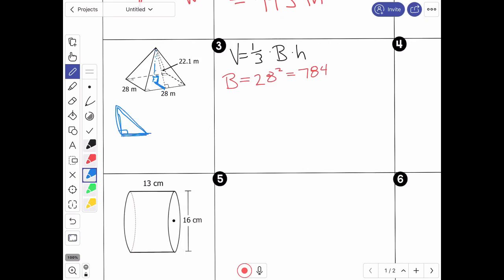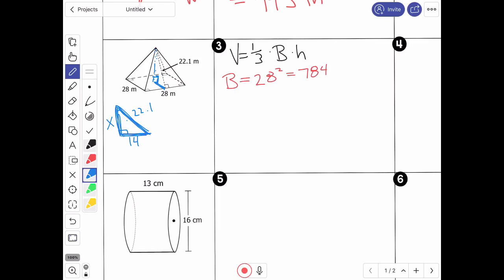Halfway has to be 14 meters, and then the height is what we don't know, and then that horizontal line, or that hypotenuse, is that 22.1.